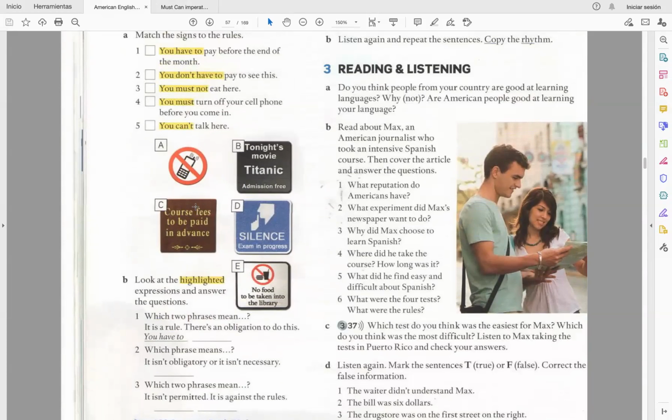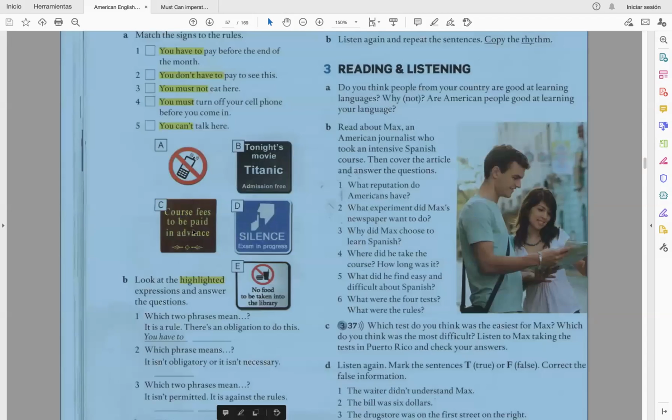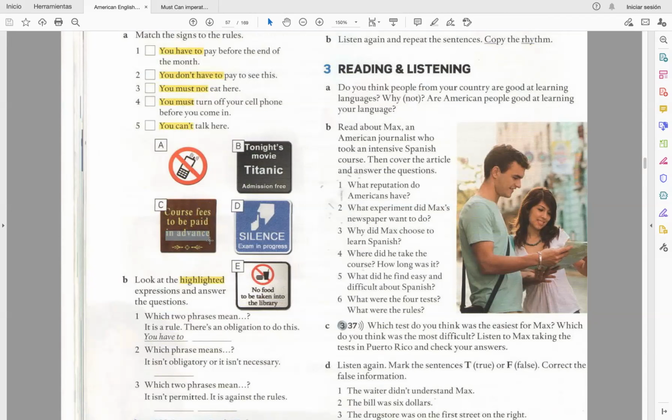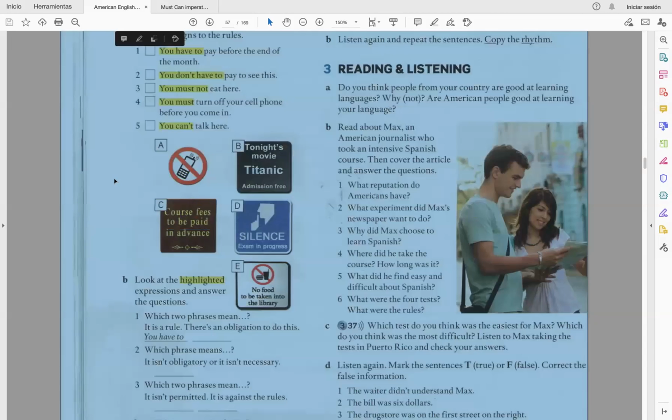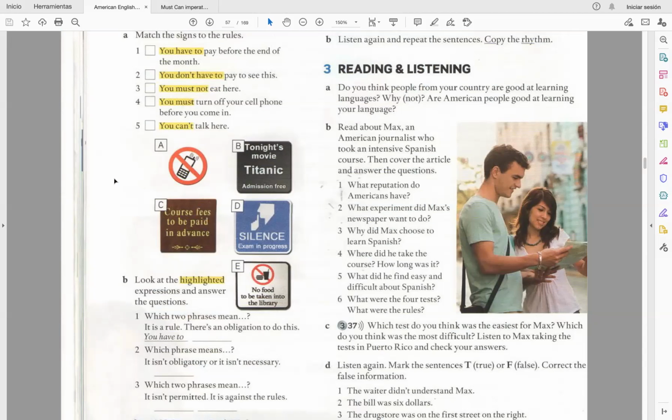La palabra fee significa arancel, también significa honorarios. And when you say in advance, that means with anticipation. Okay, thanks.